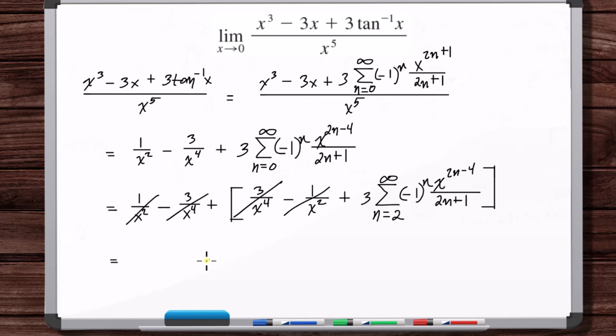Okay, now let's change this. We'll bring in the 3. n is equal to 0, minus 1 to the n. And when n is equal to 2, you've got x to the 0, so it's going to be 3x to the n.